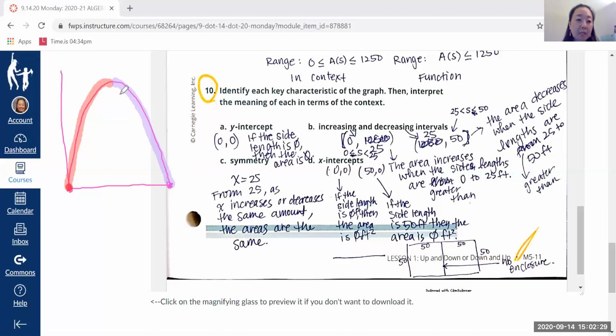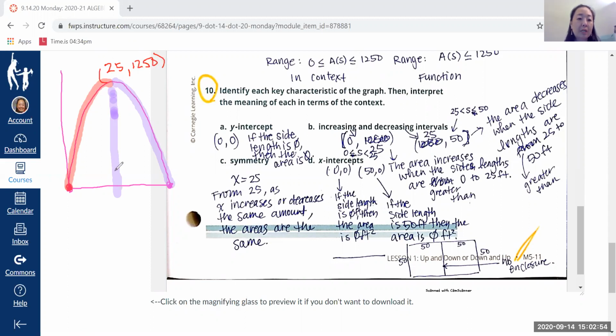If you remember right here, this part right here, remember that was in line with the highest point there. So this one is going to be this. Let me change the color so you can see it. So remember this point was 25, 1250.